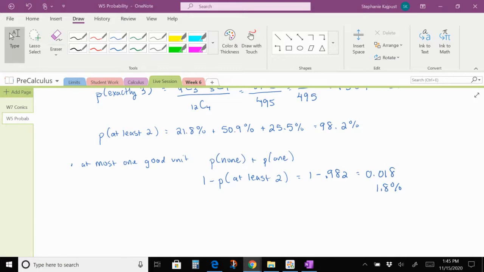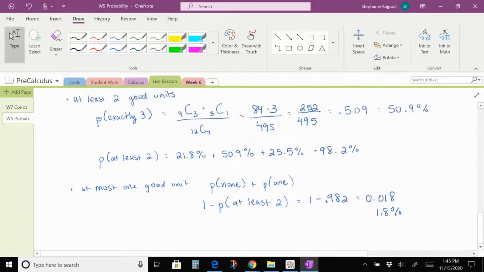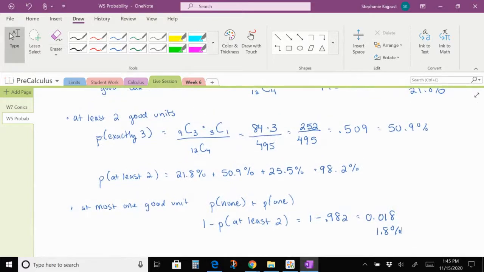And another thing that comes up is mutually exclusive events. That does not apply on any of the things that we've done so far where it could be counted as both. Because in this situation, you can't have an oven that's good and bad.